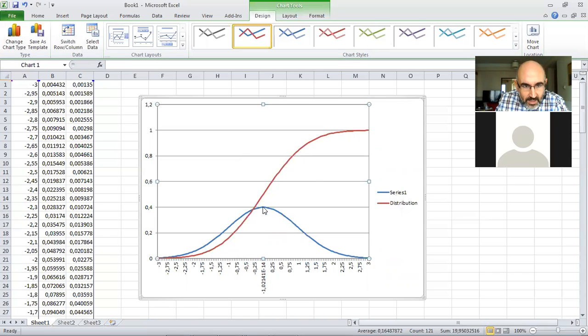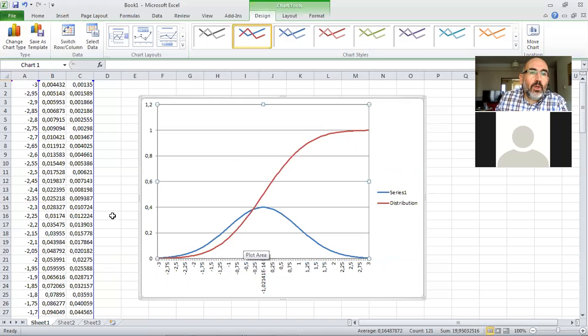The density peaks somewhere around 0.4, when z is 0. And of course, the distribution goes up until 1 and continues in that fashion to the right. The red line gives us the area under the blue curve from -infinity up to that point.